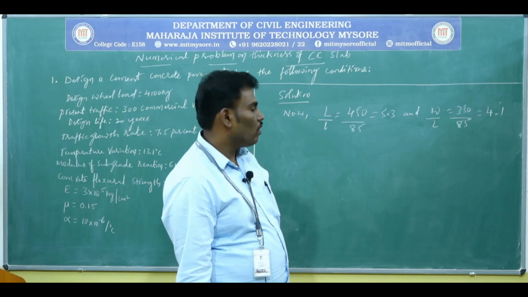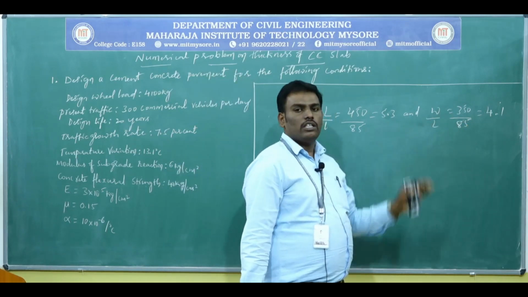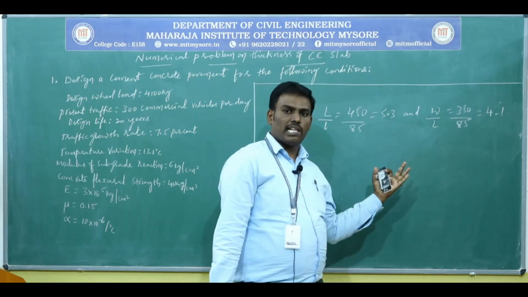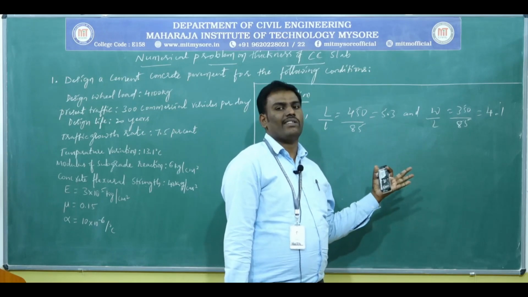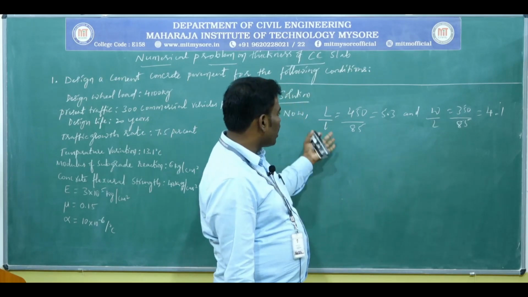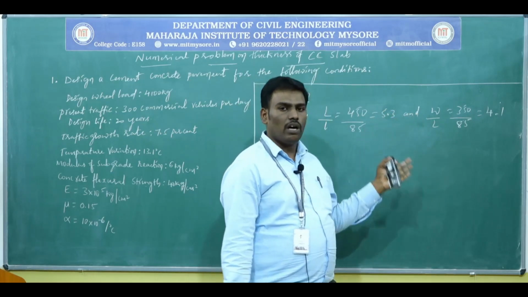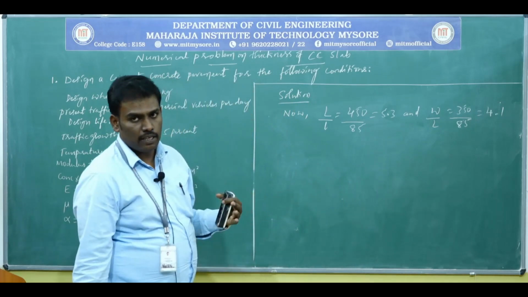Out of those two, which is higher will be considered for the coefficient. In the previous one also we got 5.9 and 4.6, and that's why we consider the higher value, that is 5.9. Here also L by l is more than W by l, that is 5.3, and that will be considered for the design.